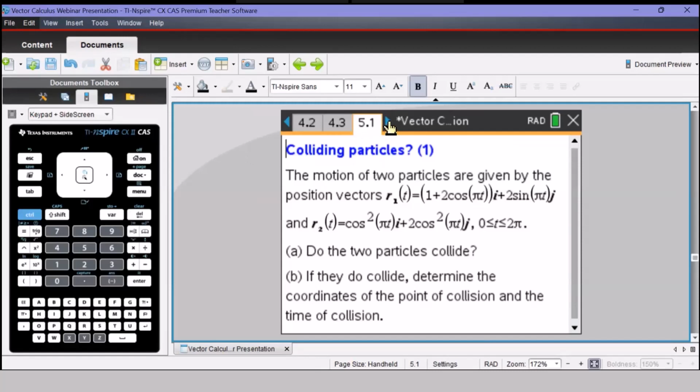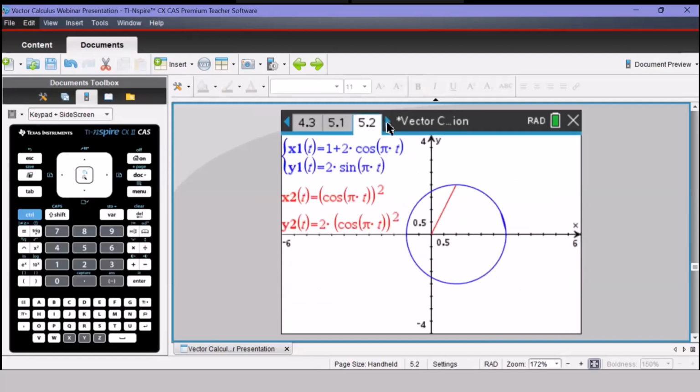So let's go to the next page and let's see what's going on here. Right. So using parametric mode graphing, which I showed with the previous example, we've got the parametric equations for particle 1, and they're x1 of t and y1 of t. And we've also got a second position vector, r2 of t.